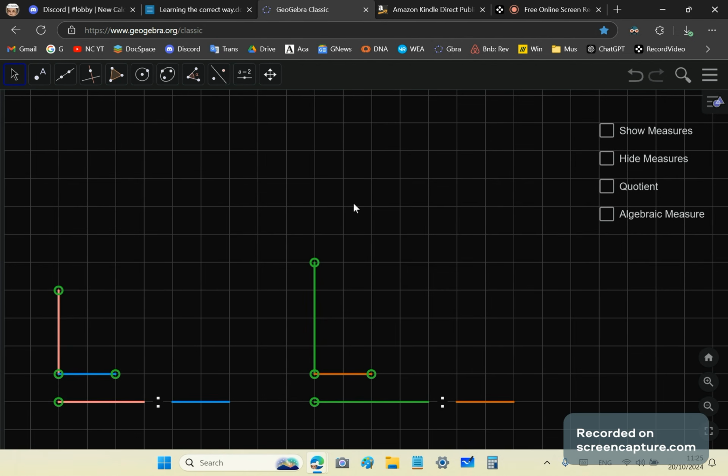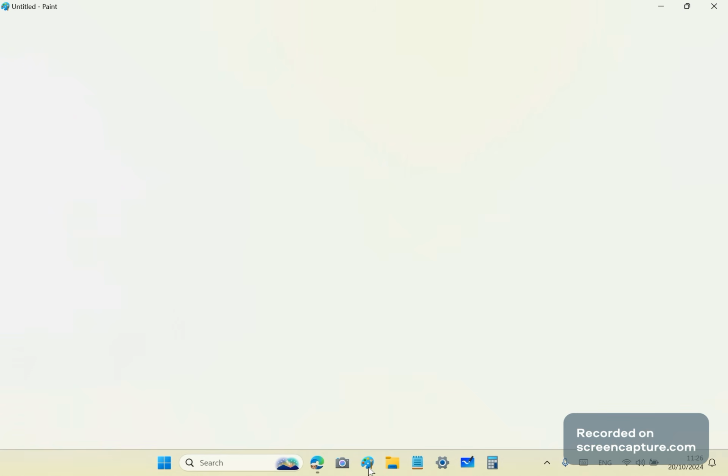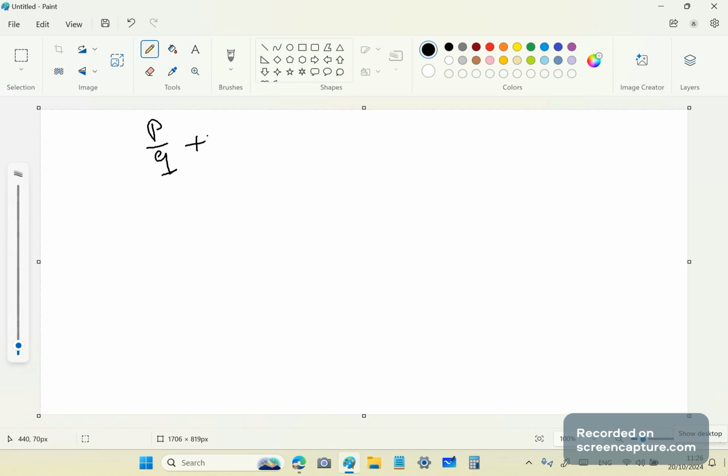So the whole crux of the matter is that fractions and their operations come to you from geometry, okay? In other words, your professor can't tell you that P over Q plus R over S is defined as PS plus QR, okay?